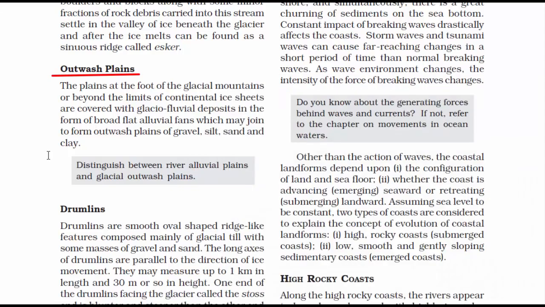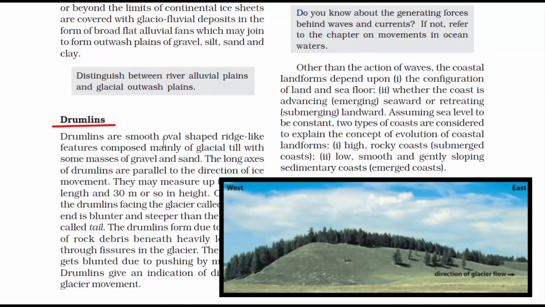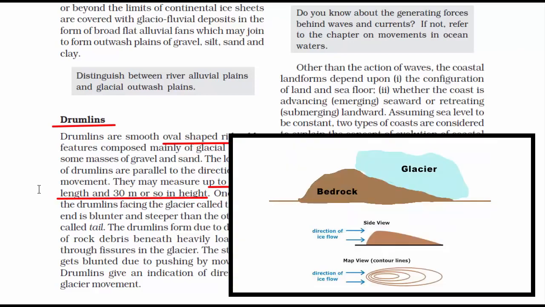And the fourth type of depositional landform that exists due to glaciers is drumlins. Drumlins are smooth, oval-shaped, ridge-like features, composed mainly of glacial till, that is, sediment that exists in glaciers. They may measure up to 1 kilometer in length and 30 meters or so in height. I'll show you with the help of an illustration. It looks like an elongated hill in the shape of an inverted spoon or half-buried egg.